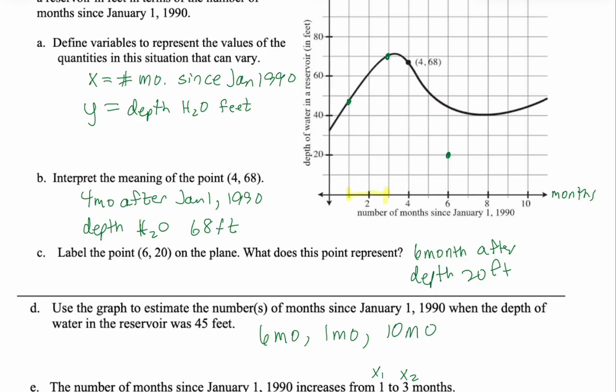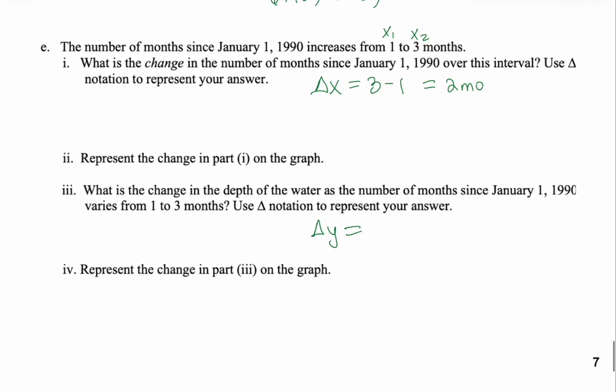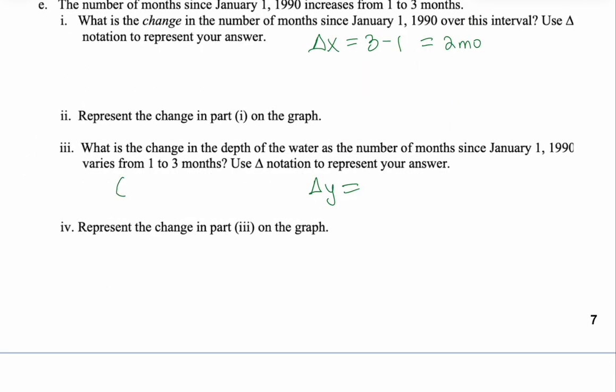They hit pretty darn close to 45 and 70, because this looks like it's the point (1, 45) and this looks like the point (3, 70). We'll approximate, make our numbers a little easier. So (1, 45) and (3, 70). We are only looking at the changes in the Y's. This would be Y1 and this would be Y2.